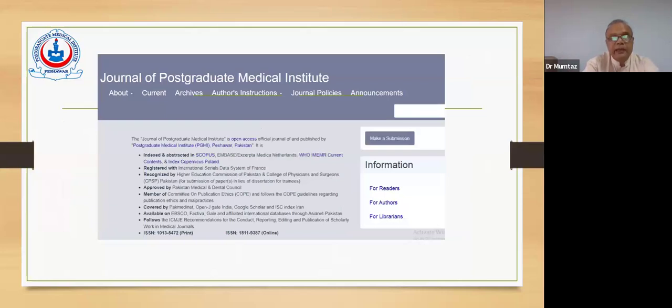Here, again, I have taken a screenshot from JPMI. There are author's instructions, you can see. So this is very helpful for a peer reviewer if he or she reads out these things. Similarly, the journal policies. These two things should be considered first before embarking on a review.